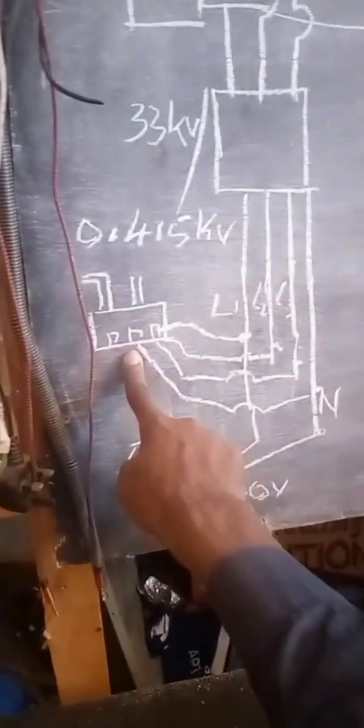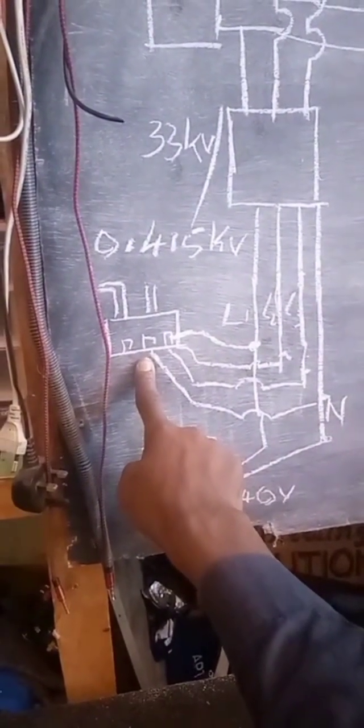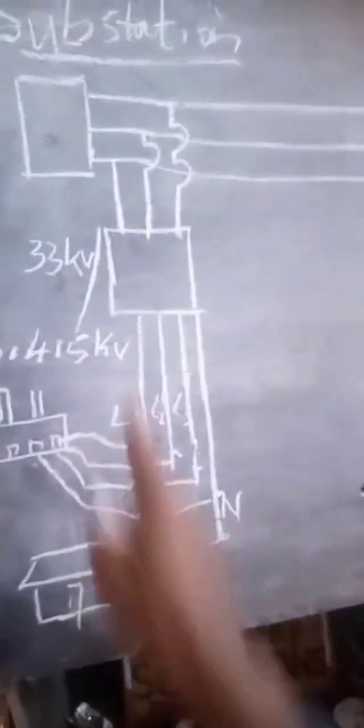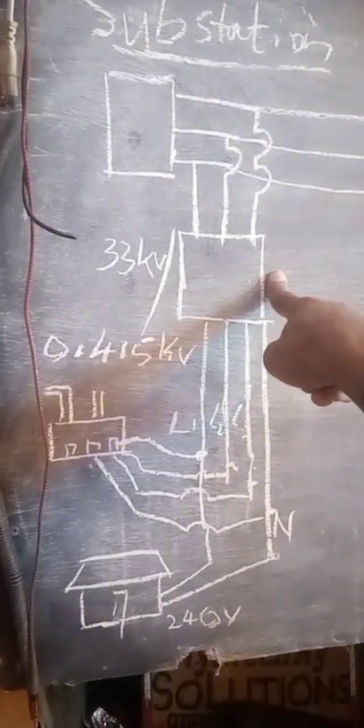So you can see this is the low power consuming factories, we can have 415 volts. Then in homesteads we have 240 volts. Remember, this is the distribution of power from distribution transformer 1.